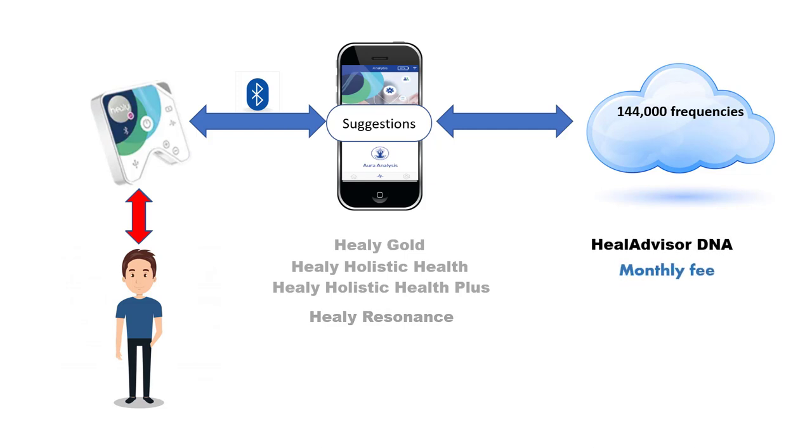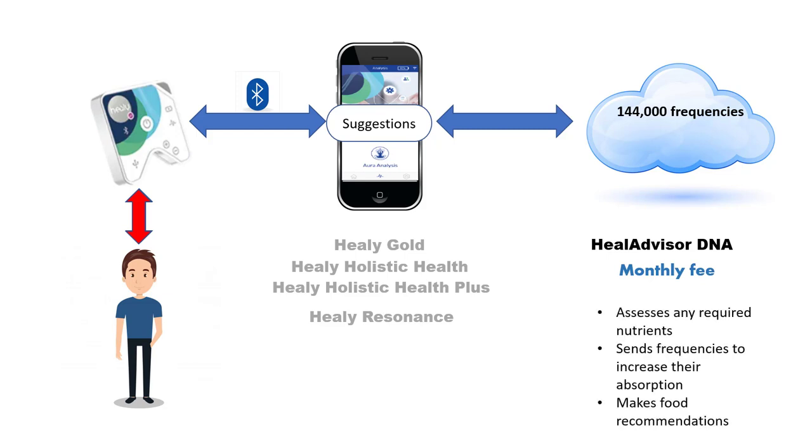And in addition to all of that, there are 2 more really interesting programs. The first we're going to talk about is what they call the Healy Advisor DNA, and that's a monthly fee as well. And what it does is it assesses the nutrients that you require. You have 2 sets of nutrients. Some your body can produce, and some require you to eat food to get them.